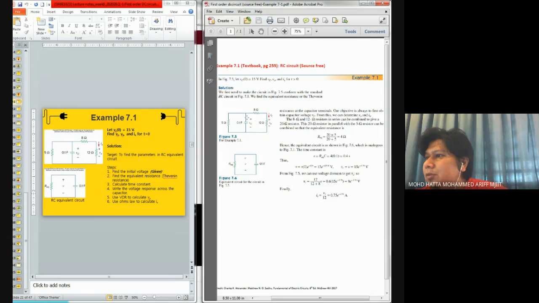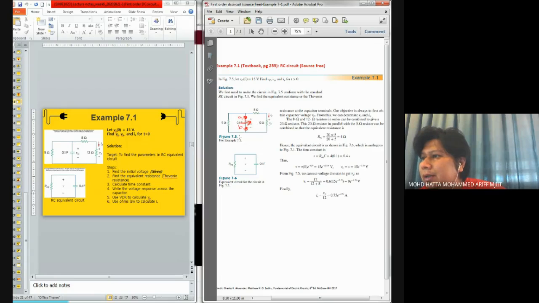We make this a terminal, first terminal A and B, and try to find the resistance looking from these two terminals, A and B. In other words, we remove the capacitor first and try to find the Thevenin resistance over here.